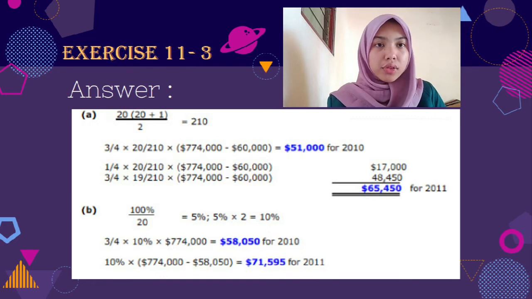Then for 2016 is 10% multiplied by $774,000 minus $58,050 is $71,595 for 2016.